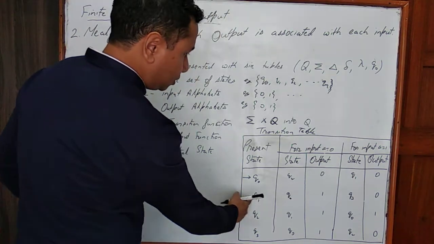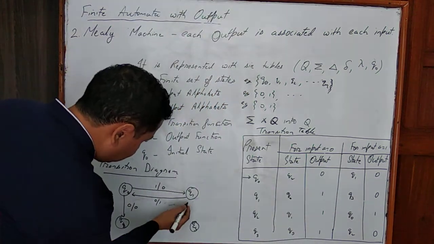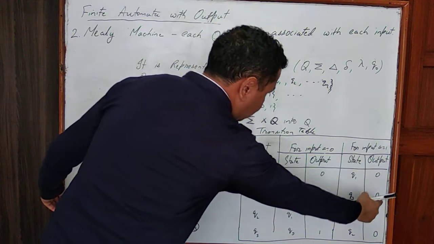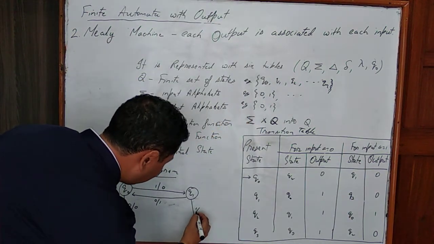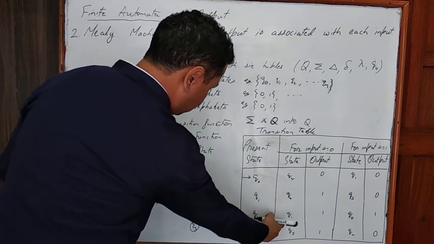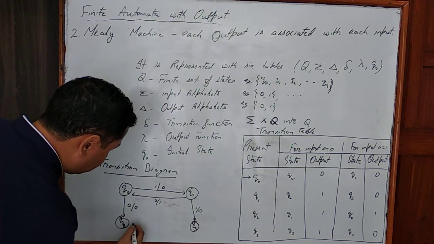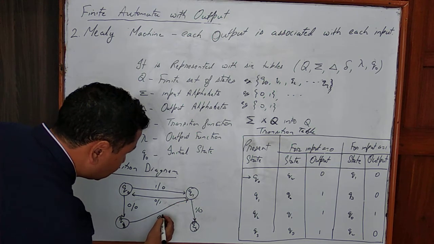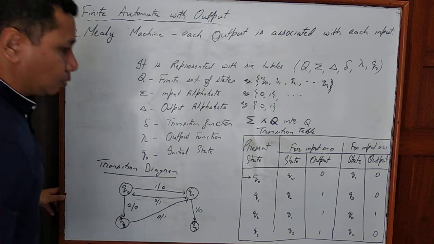Similarly, q1 to q3. If your input is 1, your output is 0. So 1 oblique 0. Again, repeat the same thing, q2 to q1. So let's make an arrow from here to here. Input is 0 and output is 1.